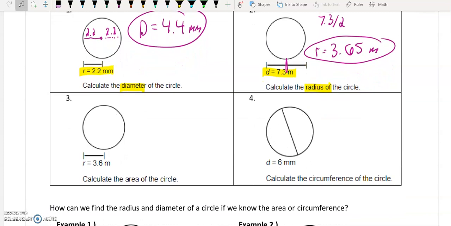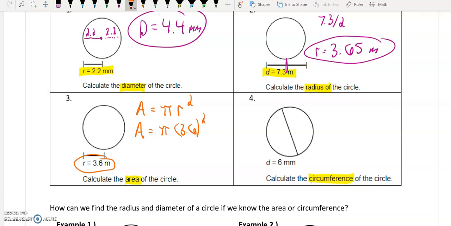Numbers 3 and 4 actually go into using your area and circumference formulas. They want you to find the area and the circumference. The area formula, just a reminder, is pi r squared. In this case, they give us r. That's super convenient. So I'm just going to plug in my r. That's 3.6 being squared.